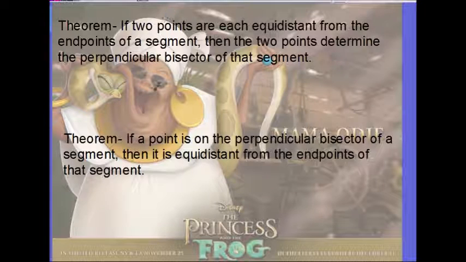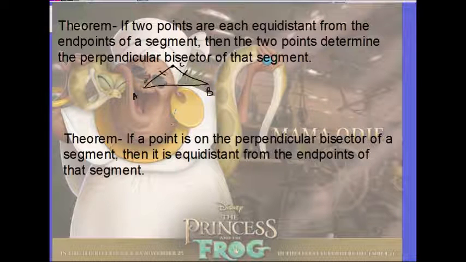So here we go. Let's say that we have a segment right here. Say that's segment AB. And we have 2 points. We'll call this point C is equidistant from the endpoints, so it forms an isosceles triangle. And let's say that the same thing happens here with point D. That's also equidistant from the endpoints, so it forms another isosceles triangle.